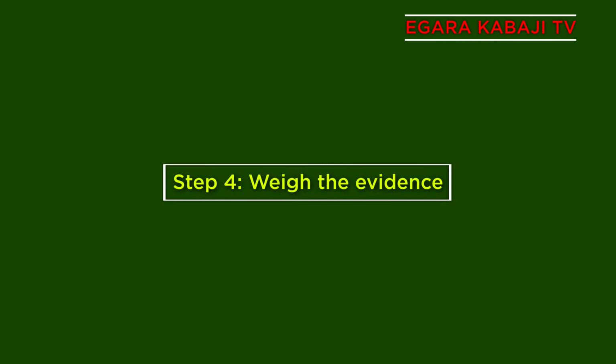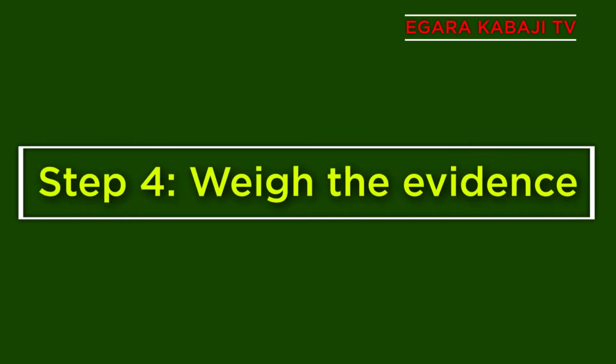Step 4. Weigh the evidence. Drawing from your information and emotions, imagine what it would be like if you carried out each of the alternatives to the end. Evaluate whether the need identified in step 1 would be met or resolved through the use of each alternative.